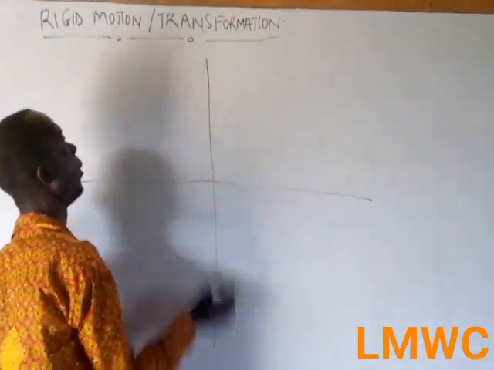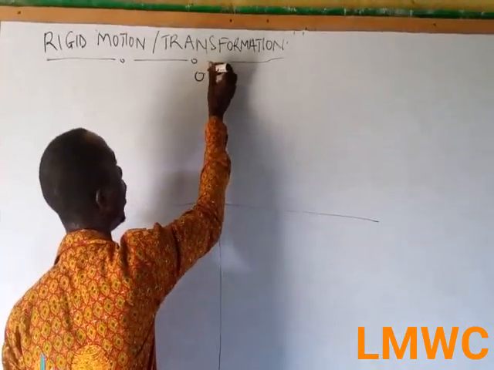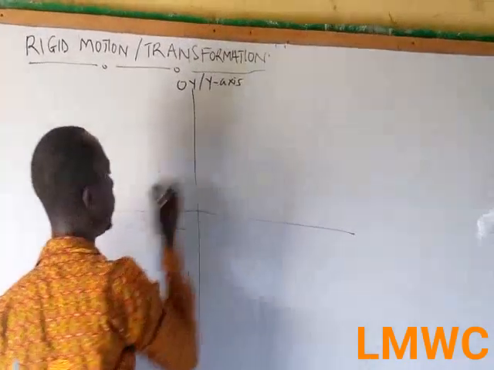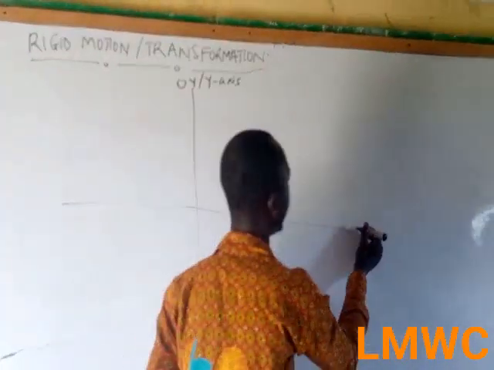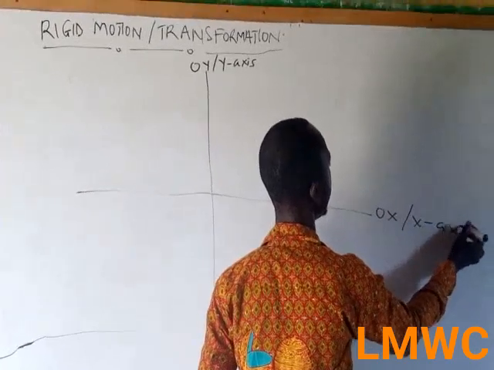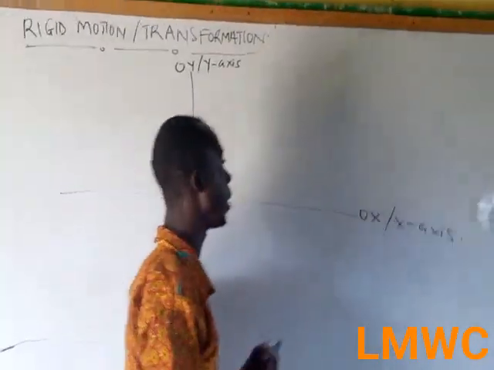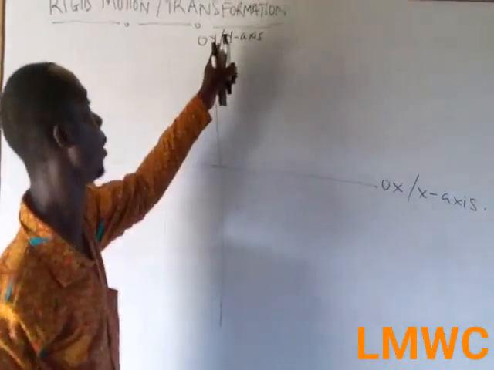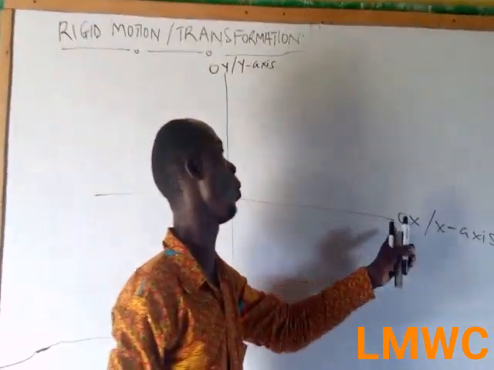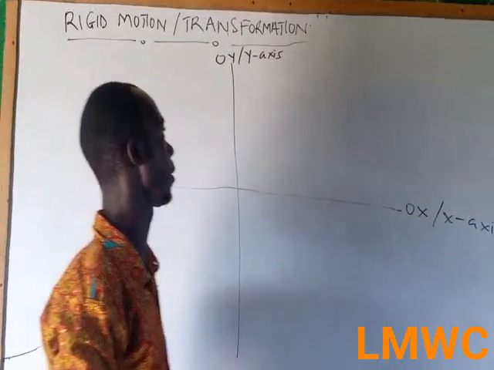This vertical line we call the OY or y-axis. This horizontal line is the OX or x-axis. In an exam, you can choose either OY or y-axis and also OX or x-axis.